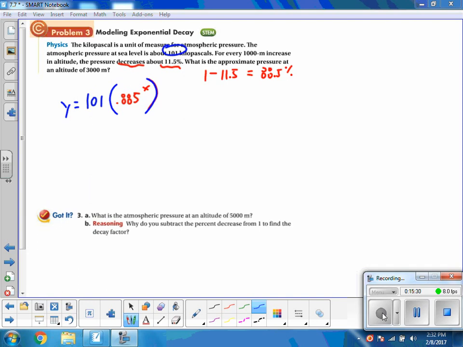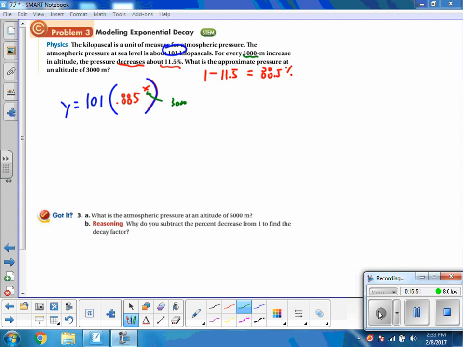All right, so this is how it's happening. What is the approximate pressure at an altitude of 3,000 meters? The meters we're indicating here is going to be my x value. It's going to feel like we want to write 3,000 up here, but we have to keep in mind it's for every 1,000 increase.